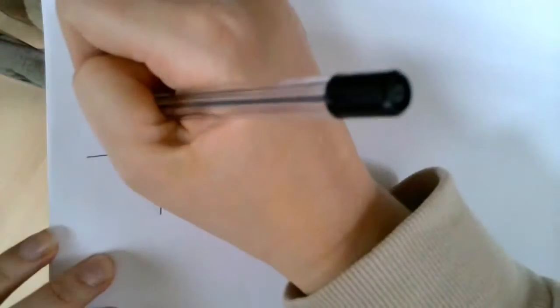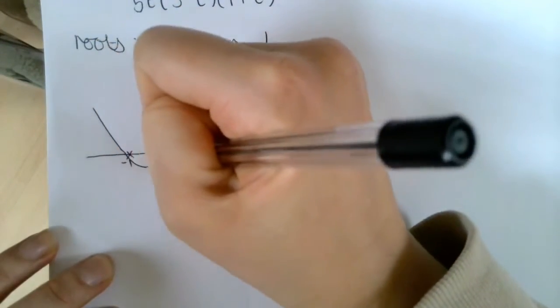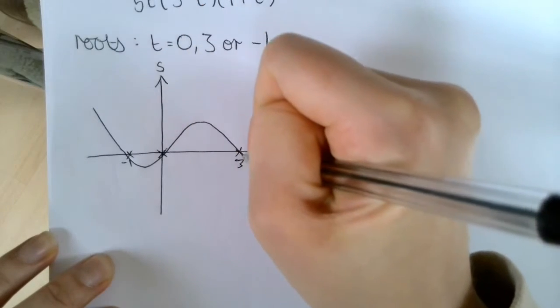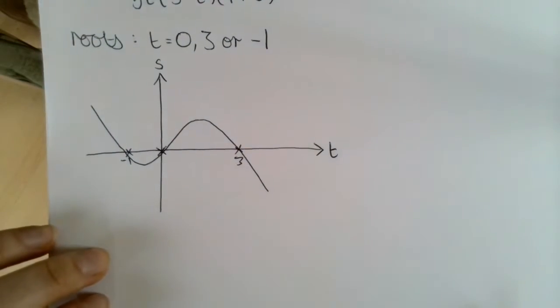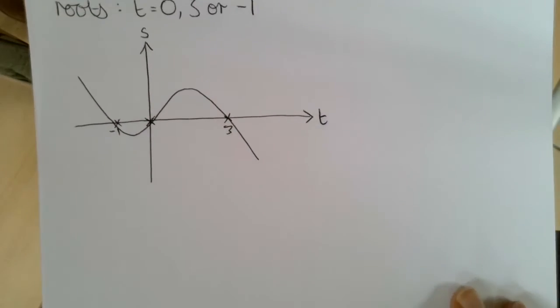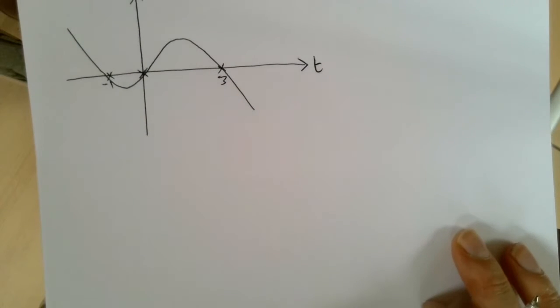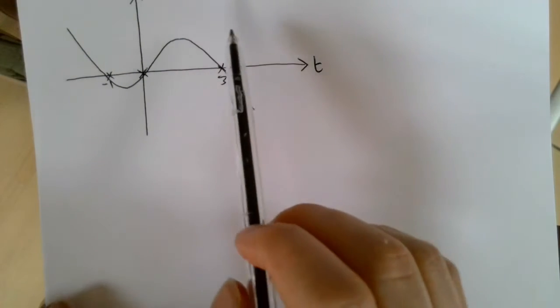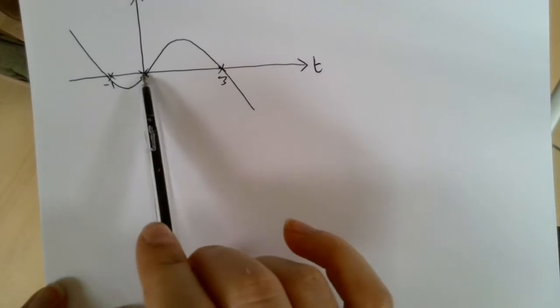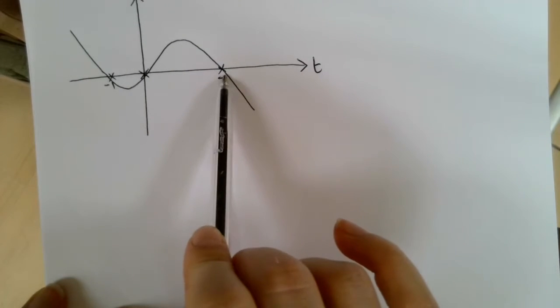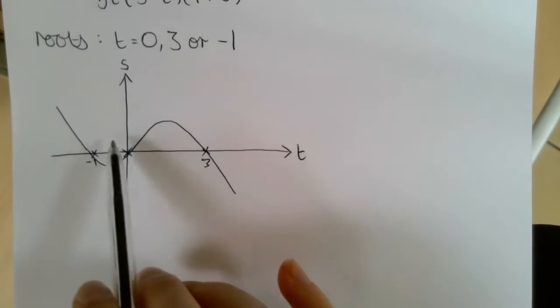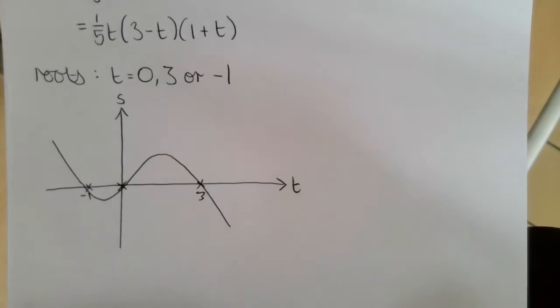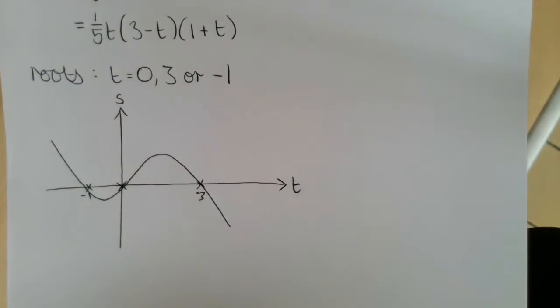So we've got a cubic that looks something like so. Now you can see here that s is positive for all the values of t between 0 and 3. So between 0 and 3, the distance of the yo-yo away from the child is positive.